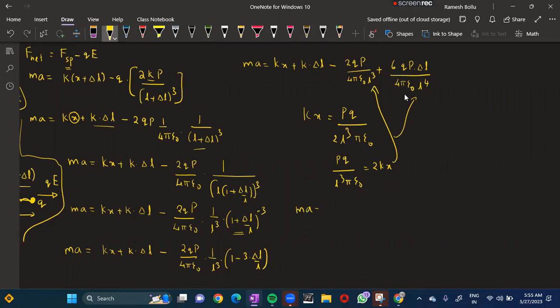MA equal to kx plus k into delta L minus qp divided by pi epsilon naught into L cube. How much is that?